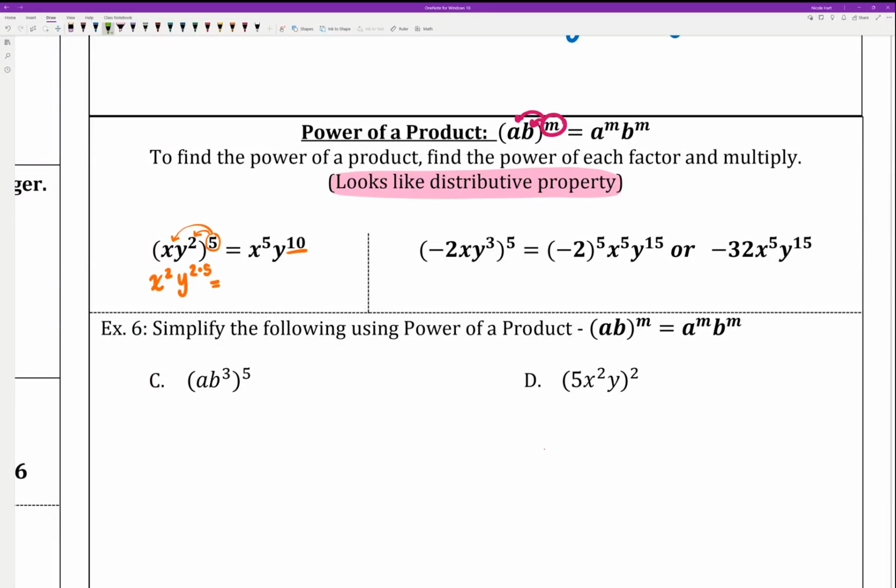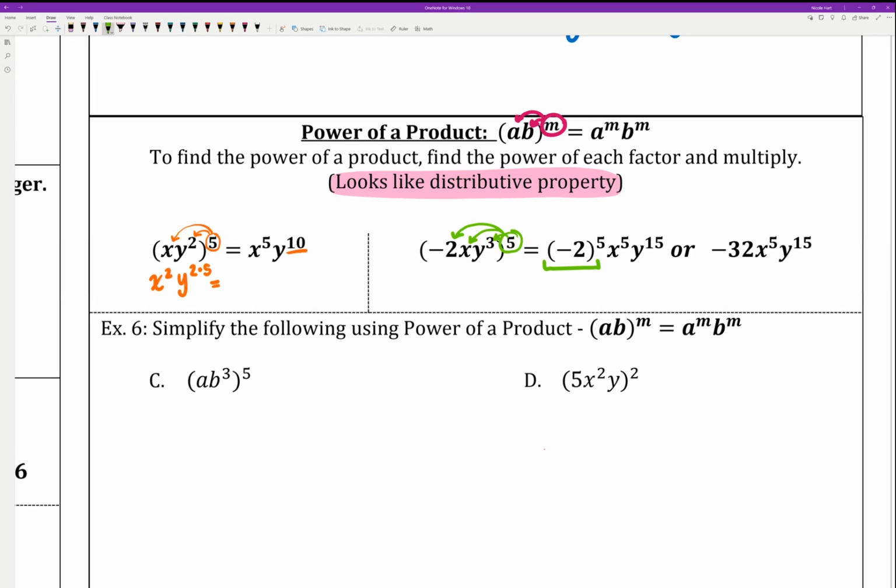To the right, we also have another example. This has a 5 outside of the parentheses. That 5 is going to go to this negative 2 base, the x, as well as the y to the power of 3. So if you notice, when we distribute the exponent of 5 to negative 2, we put the negative 2 in parentheses because we are having that exponent for both the negative and the 2 at the same time, not just the 2 by itself.